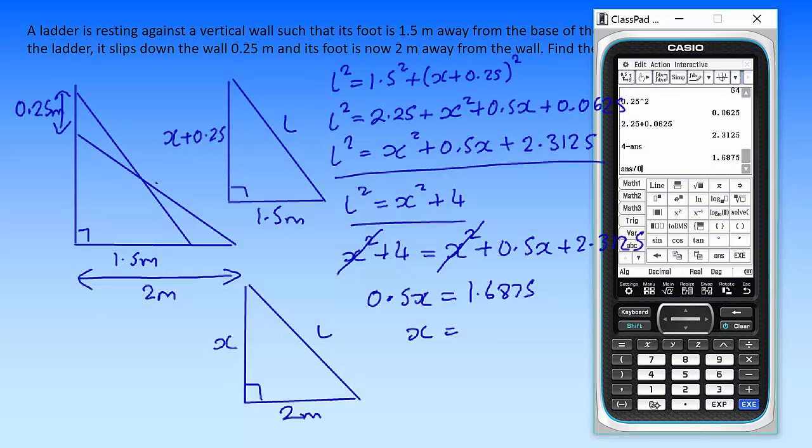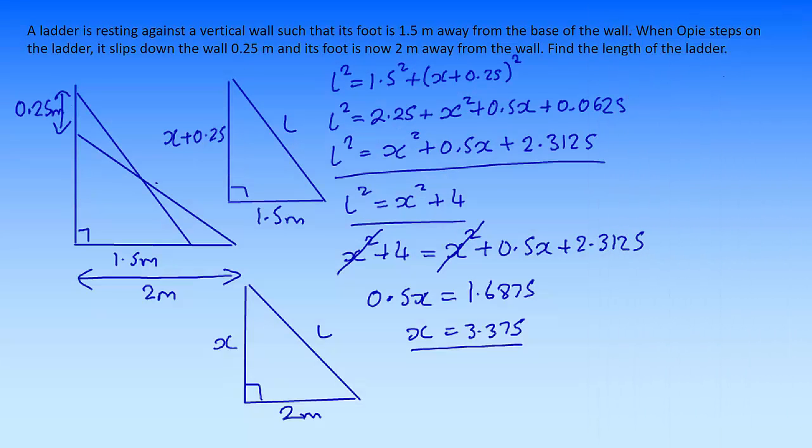Last answer divided by 0.5 is 3.375. So let's come back with that information to this equation. So L squared is going to be 3.375 squared, replacing x with 3.375, add 4.